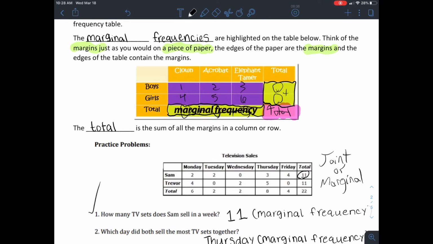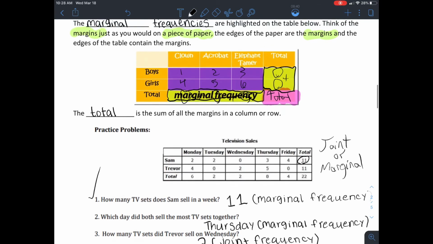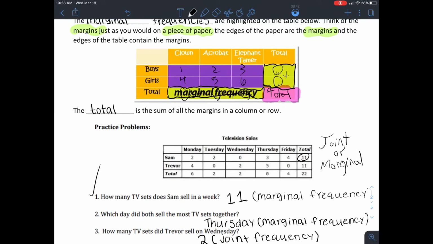Let's look at the second question. Which day did both sell the most TV sets together? Okay, so our first variable was person, right? So we're comparing Sam and Trevor. So first variable was employee. Our second variable was day of the week.